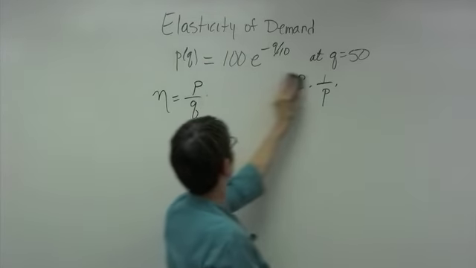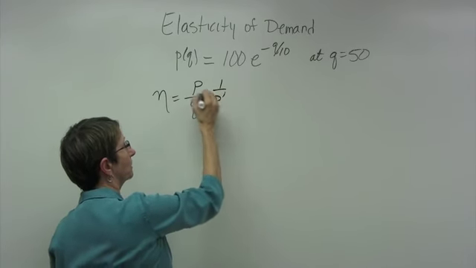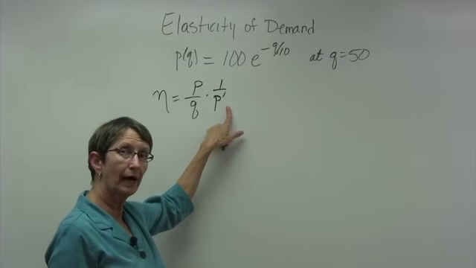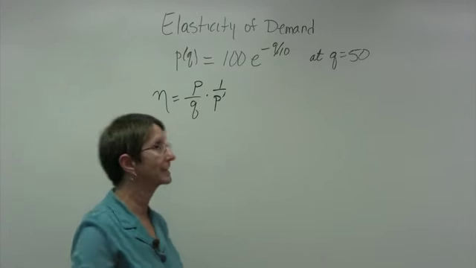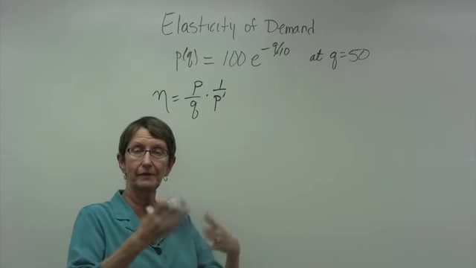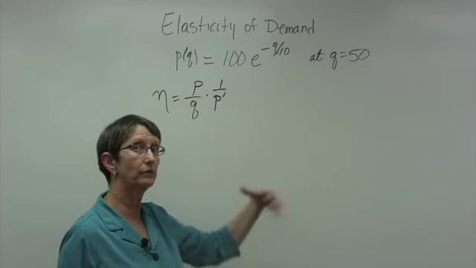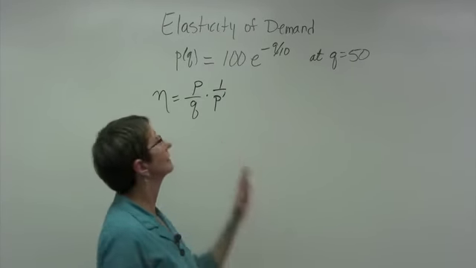So let's see what we get if we use P over Q times 1 over P prime. I need P prime. I need the derivative. Now you have rules for derivatives, so you don't have to do a shortcut method and use it numerically to begin with. We can simply take a derivative. So let's just get started.